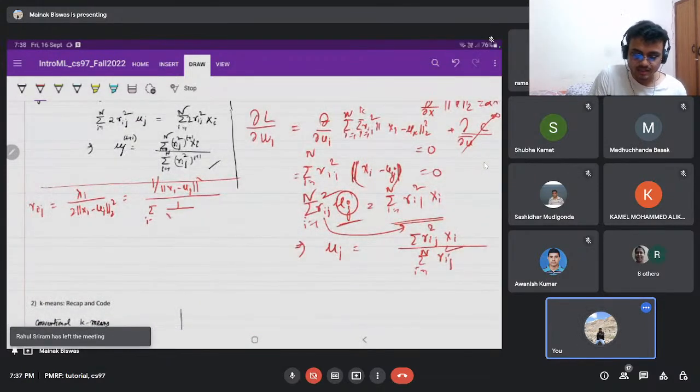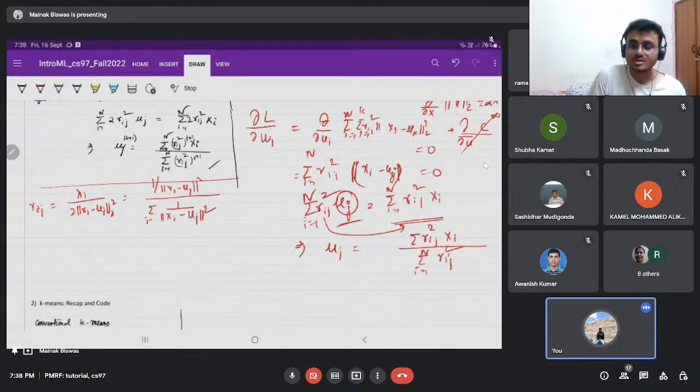See the extremely beautiful form of this equation. This is why I wanted to do this. So this is the distance. You see your probability, it's very intuitive, right? So I'll show you what is the intuition. If distance is small, it is assigned to a cluster.